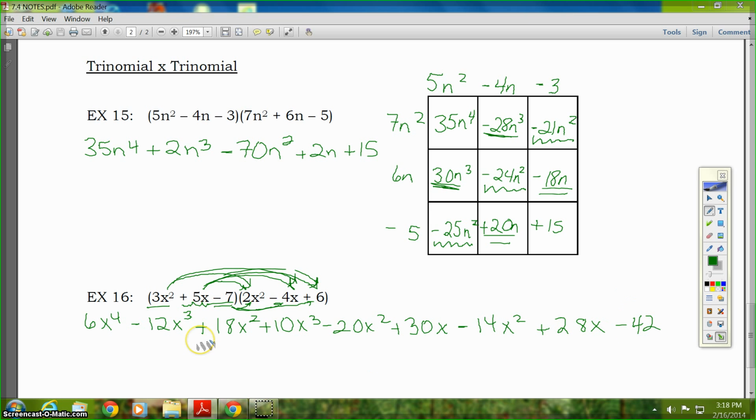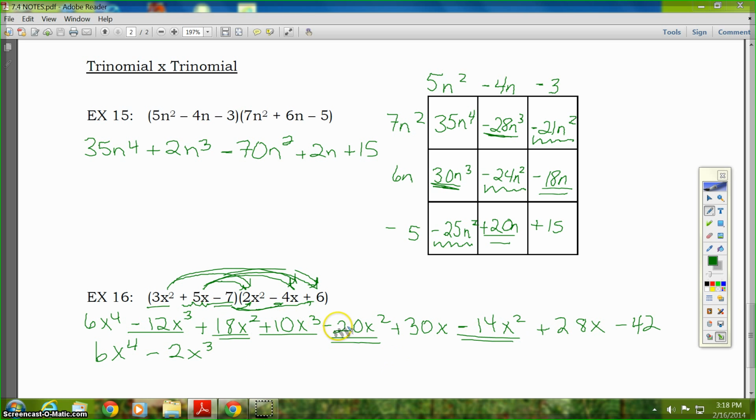So now I'm ready to combine my like terms, and it looks like my x to the fourth is my largest one, so that's going to stay 6x to the fourth. Then I have an x cubed here and x cubed here, and that's going to give me negative 2x to the third power. Then I have a square term here, a square term, and another square term.